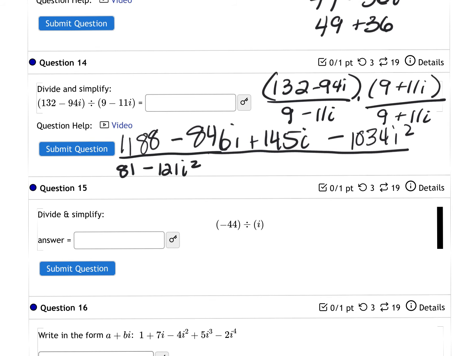Right? So 1,188 plus 1,034 equals 2,222.